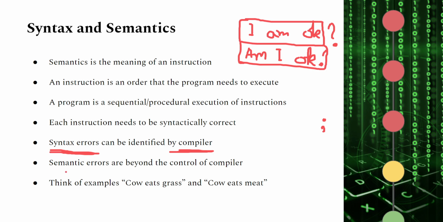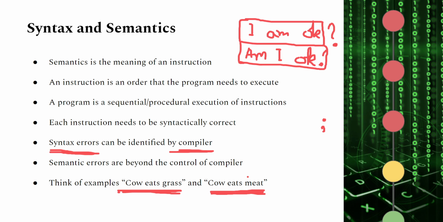Next come semantic errors. Now here comes the problem. Semantic errors cannot be identified by the compiler. Why not? Let's take the examples "cow eats grass" and "cow eats meat". We can say that "cow eats grass" is the correct sentence, but cows do not eat meat. Yet if I go by grammatical rules, there is nothing incorrect about the second sentence.